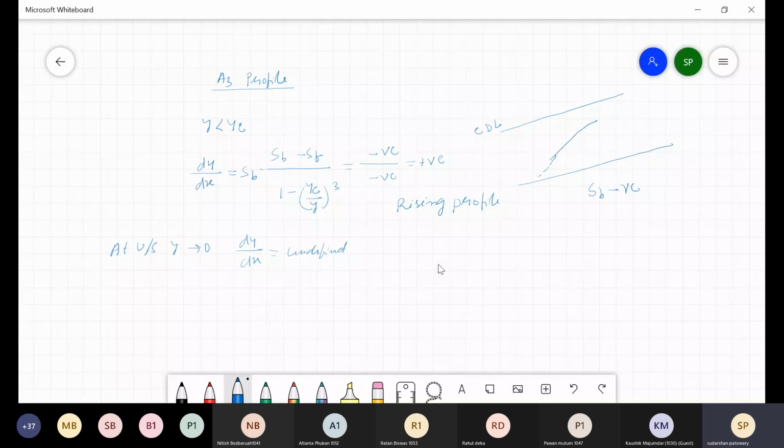And at downstream, y tends to yc, then it will be infinity. So it means it meets CDL at the origin. Clear?